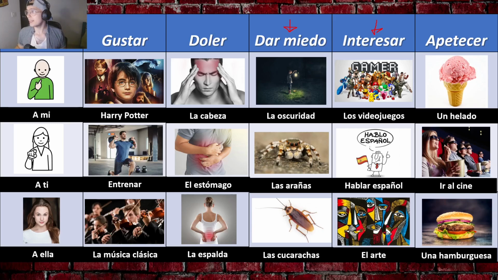Or apetecer, to be in the mood, to feel like doing something, to have the craving. And let's practice with a mí, a ti, and a ella. For example, I like Harry Potter. A mí me gusta Harry Potter.